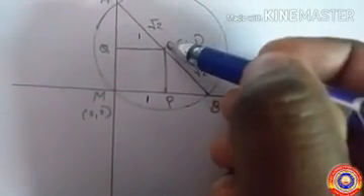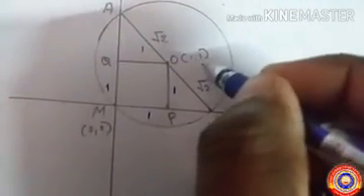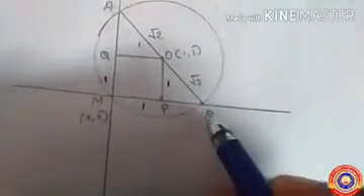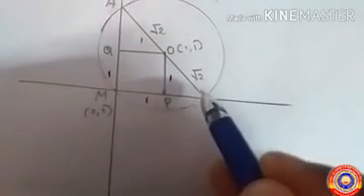Similarly, OP is parallel to MQ, which is equal to 1 because the point Q is 1 unit away from the center on the y-axis. Here, first we have to find the coordinates of B.